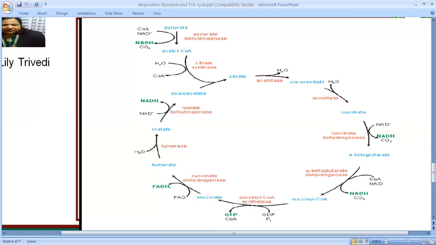So this is what you have seen in the cycle, and last we have the malic dehydrogenase which converts malic acid into oxaloacetic acid. So this whole is the Krebs cycle which we have studied.